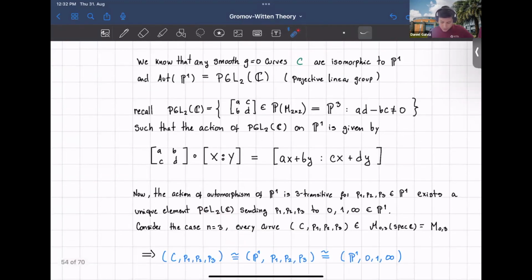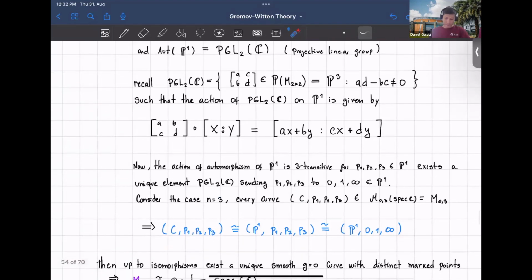So consider the case n equals 3. Then for every curve C and the 3 points that live on our moduli space, here I'm saying stacks, but over the coarse space, this is our M-bar_{0,3}.